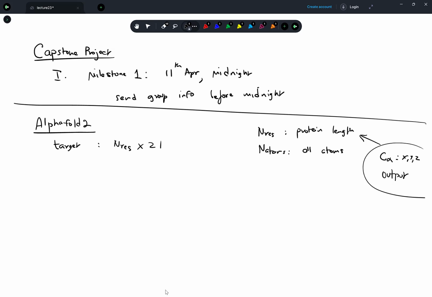So we can compare AlphaFold 2 with AlphaFold 1 on the same information, the same information being the target and the MSA information. Technically we have this part, nres by 21, right?